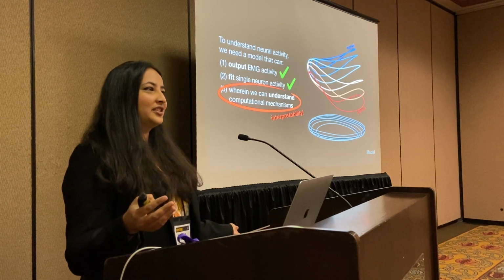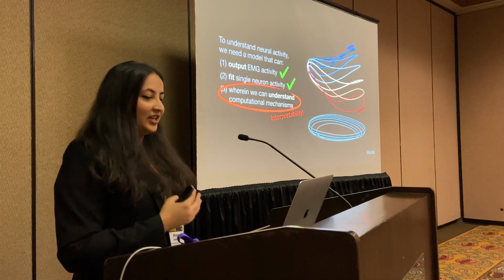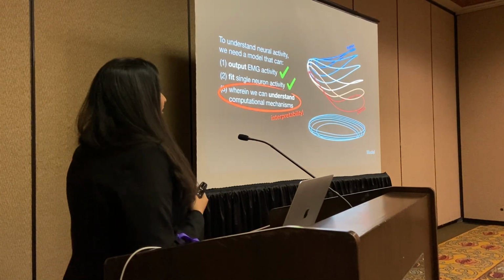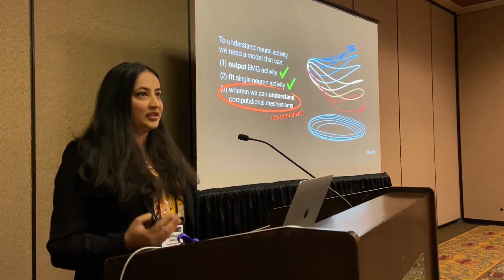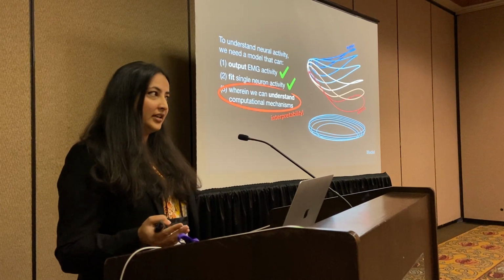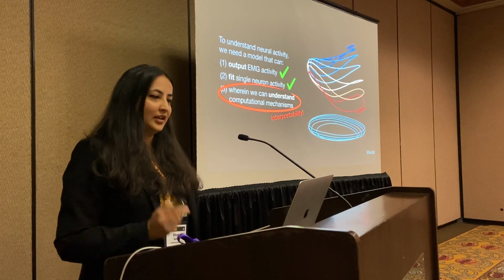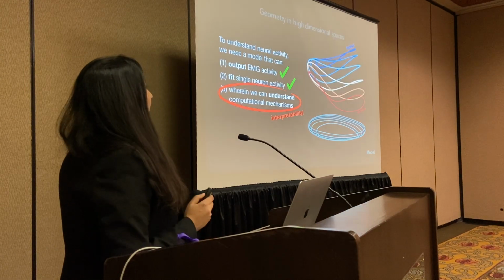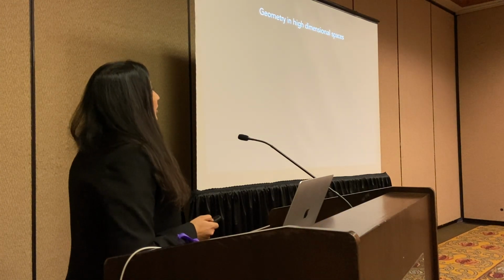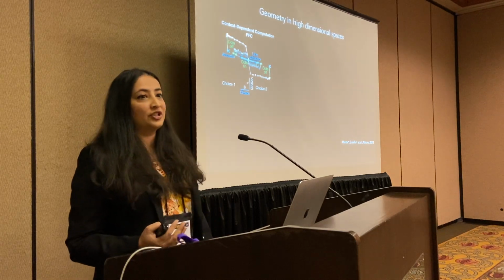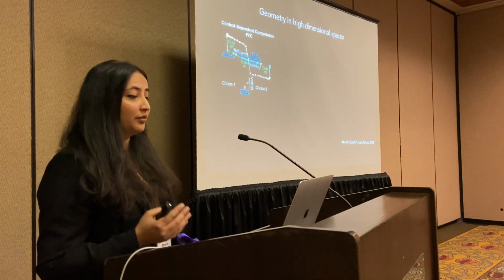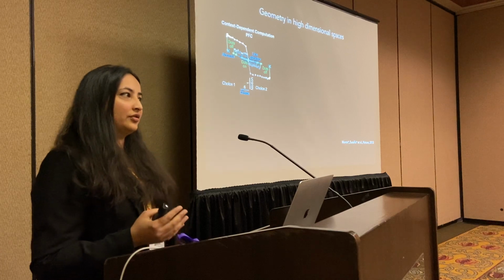Here we want to get a sense of why the model acts the way it does, and what characteristics of the model we can actually expect to be present in the data. I want to go into that, but also really talk about how geometry in high-dimensional spaces is becoming more and more important to figure out computational mechanisms.